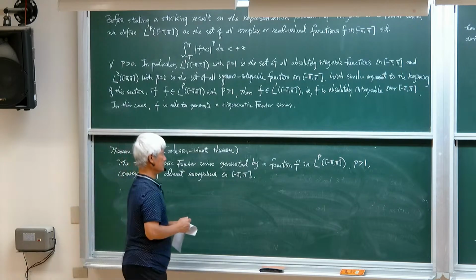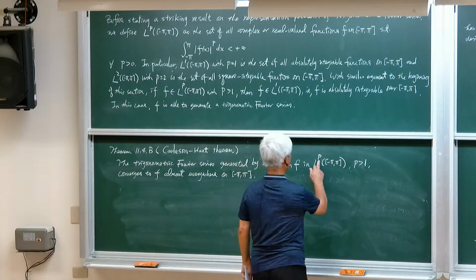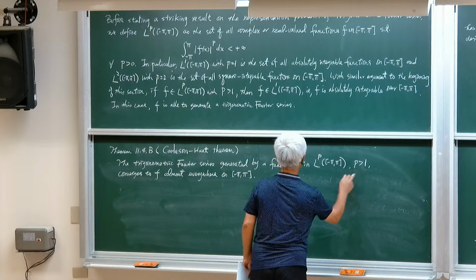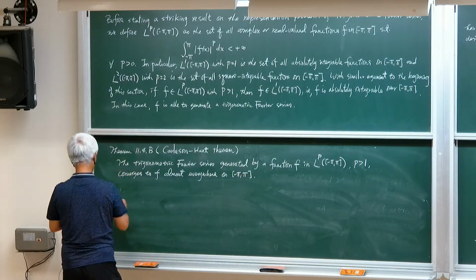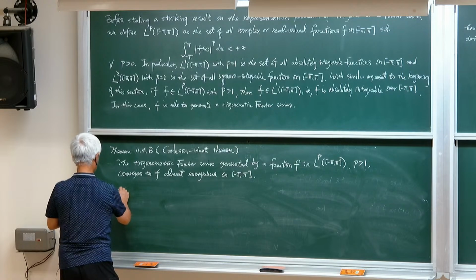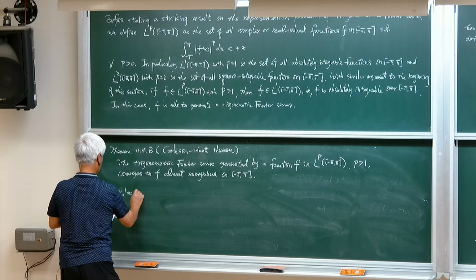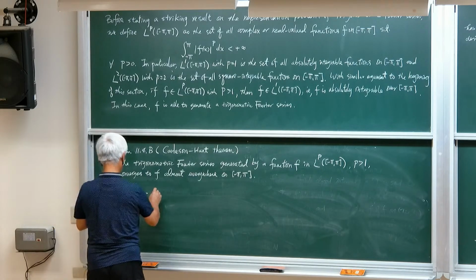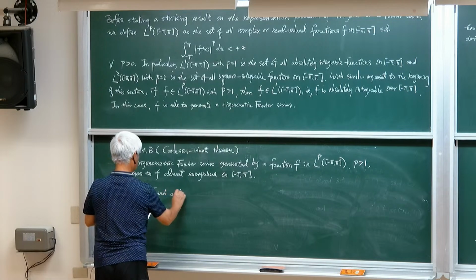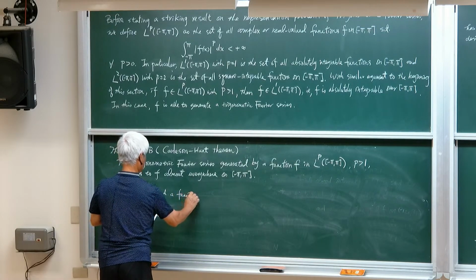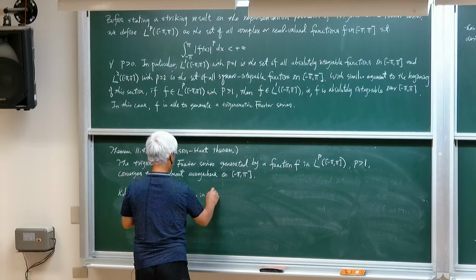And the reason why p should be greater than 1 is that the mathematician Kolmogorov found a function in L1.